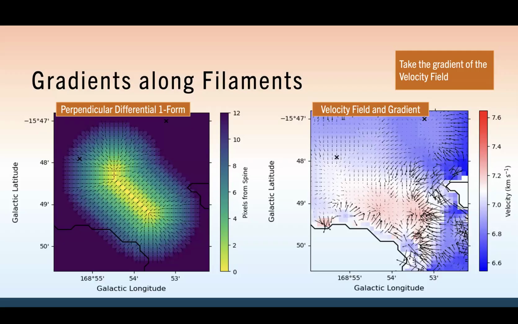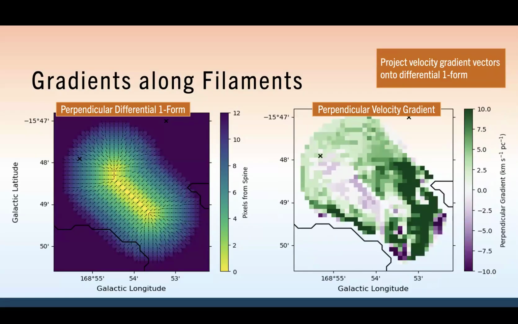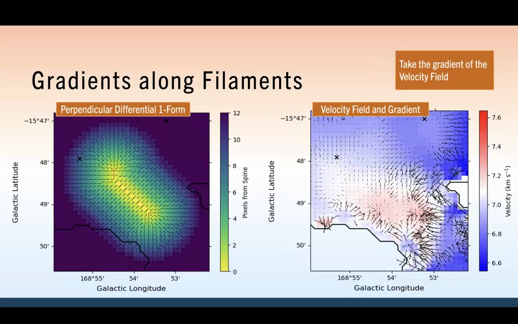So by projecting the vectors in this map onto the vectors in this map, we get this scalar field, where green is showing where there is a match between the vector direction in the differential one form and in the velocity gradient.